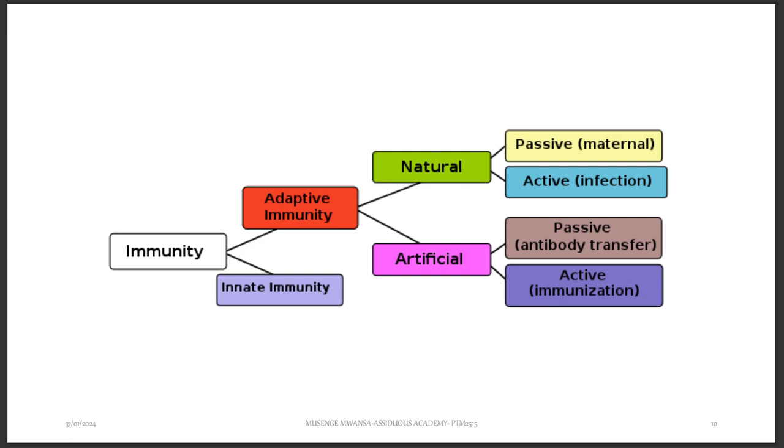When we inject that dead virus in you, your body starts to make antibodies to fight that virus. So because it's a human being who injected you the virus, that is artificial. Because your body was now being involved in making antibodies to fight that virus, that is active. So immunization is actually artificial active or active artificial immunity.